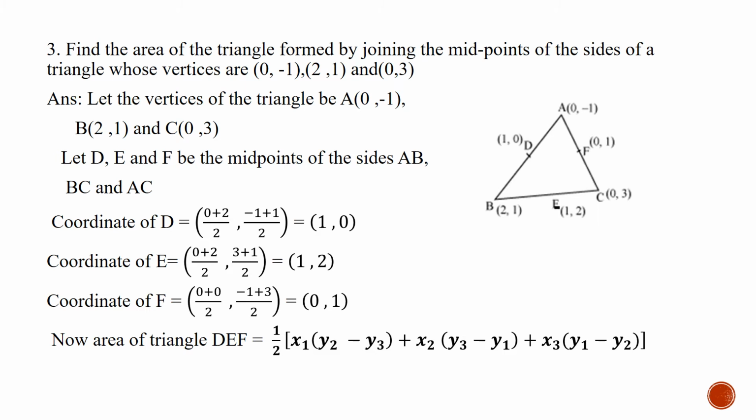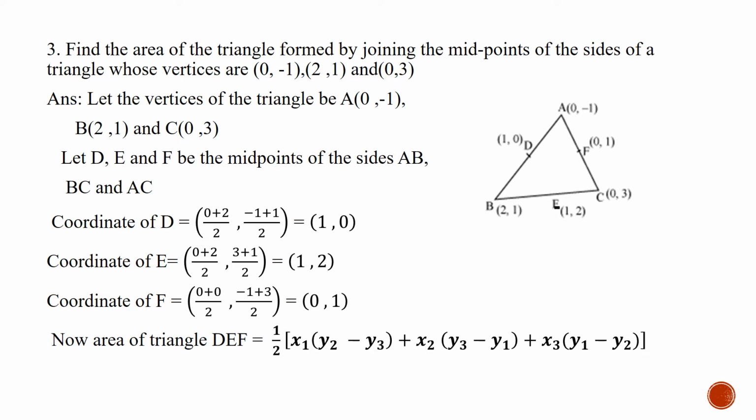We need to find the area of the triangle formed by joining the midpoints of the sides. So, we need to find the midpoints of AB, BC and AC, and let us name them as D, E and F. The coordinate of the point D with the help of midpoint formula will be (0 plus 2) by 2, (negative 1 plus 1) by 2, which is (1, 0).